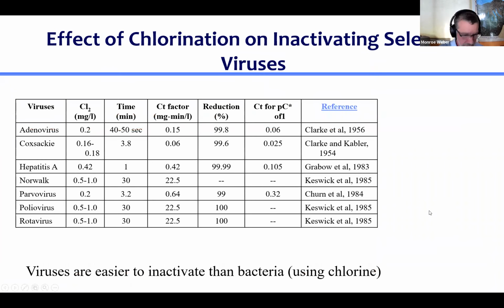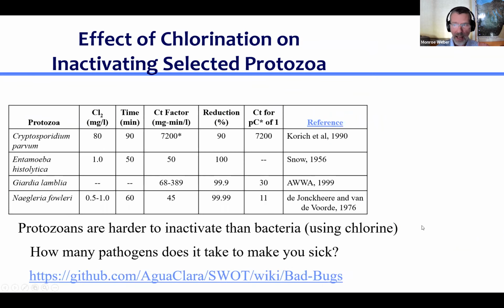So the last conclusions, and then we're gonna jump to the Gather Town. If you look at viruses, their CT values are even smaller than bacteria. So it's even easier to kill viruses than it is to kill bacteria. If we go to protozoans, here's a number that is scary.